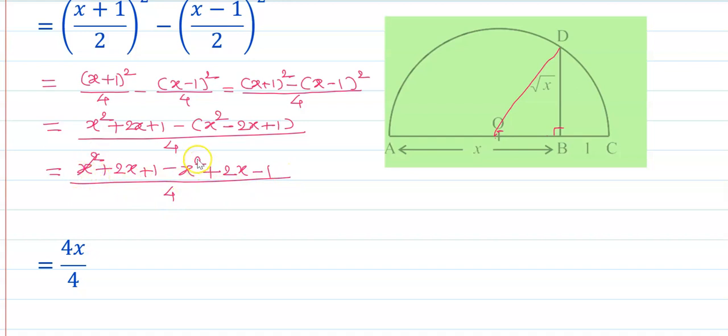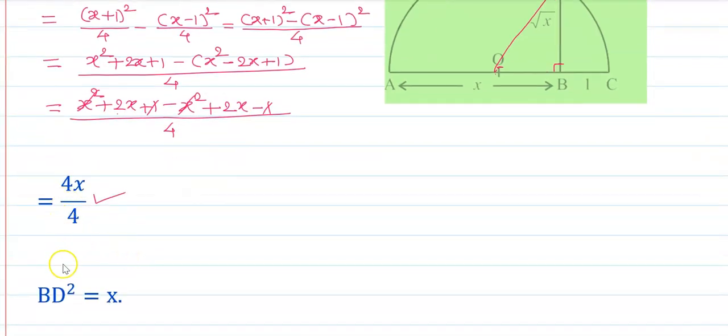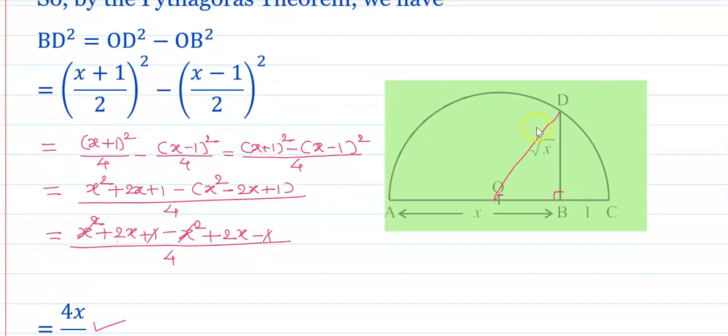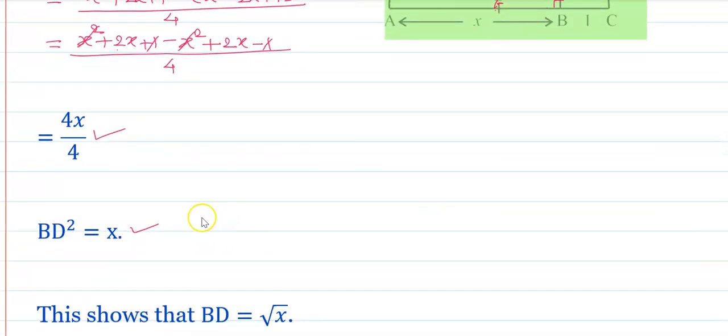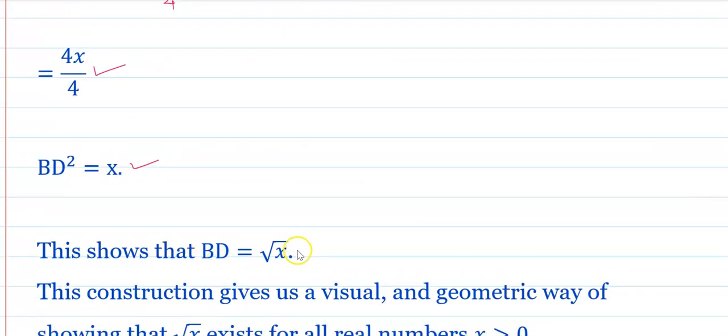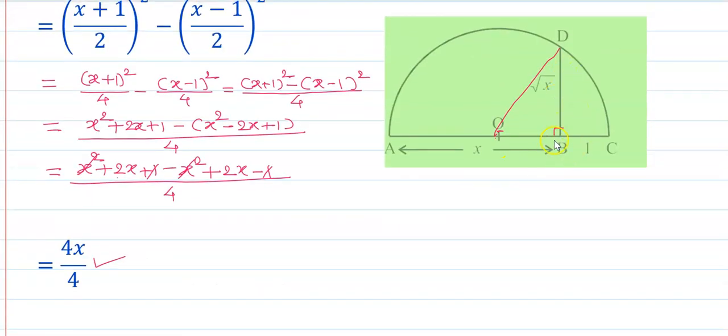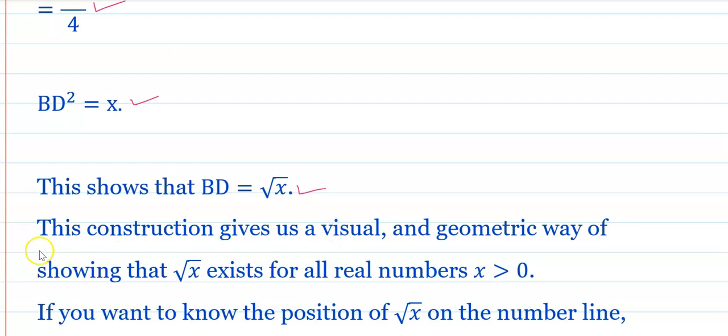Now plus x square minus x square get cancelled, plus 1 minus 1 also get cancelled, and 2x plus 2x, that is 4x upon 4, and hence BD square is equal to x. Therefore BD is equal to root x.